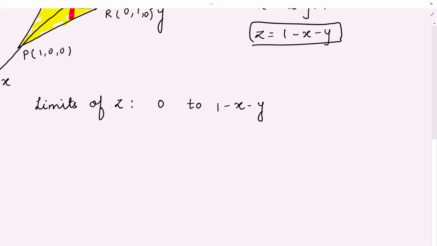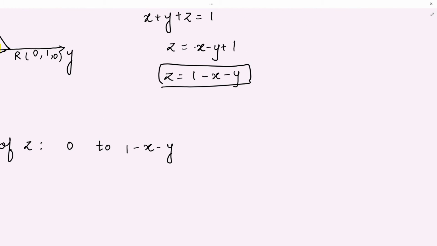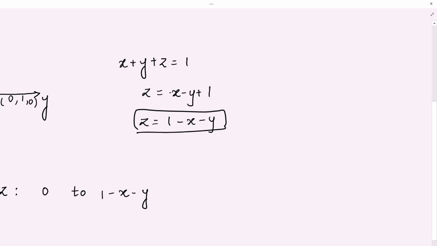So now my plane x plus y plus z equal to 1 in the xy plane is nothing but, now your value of z is done. You will substitute the value of z is equal to 0.